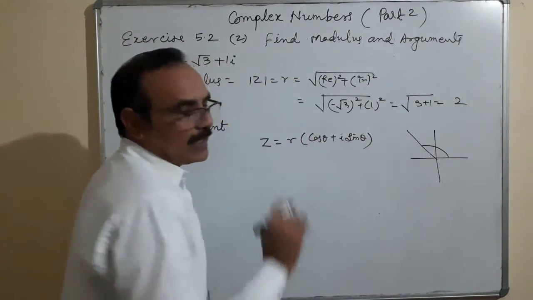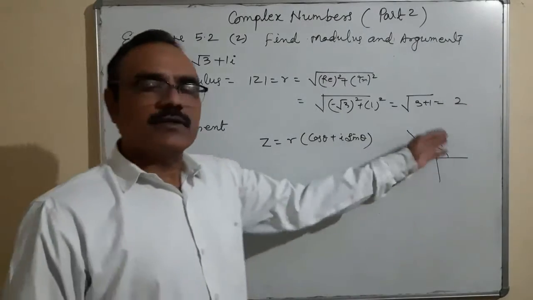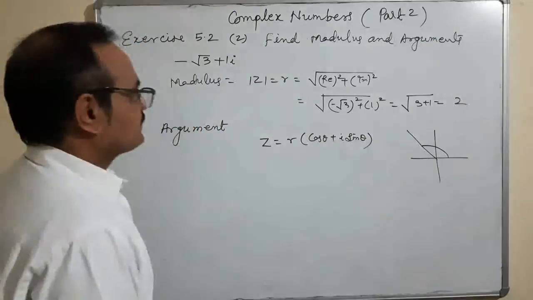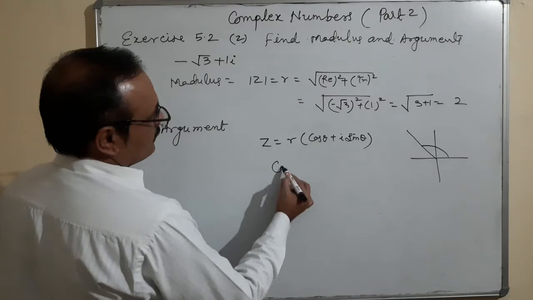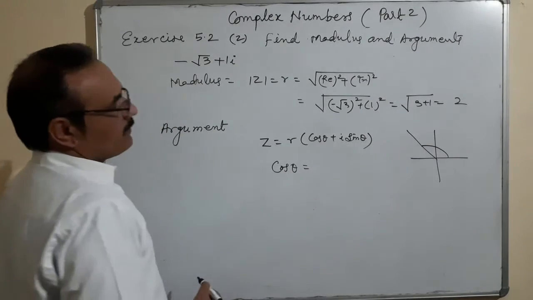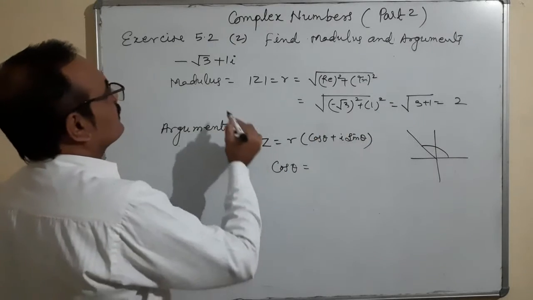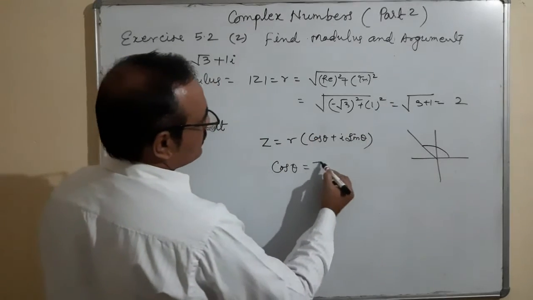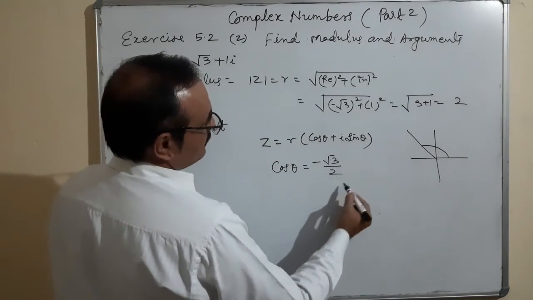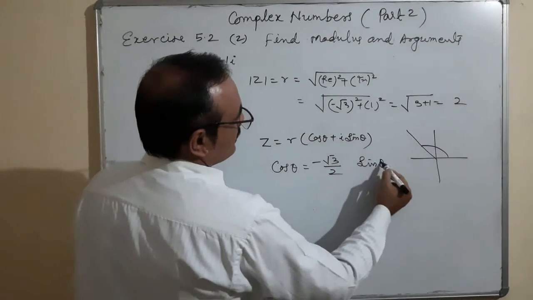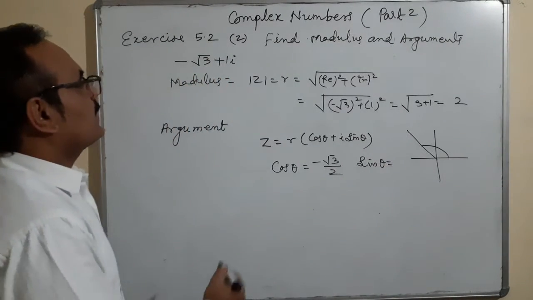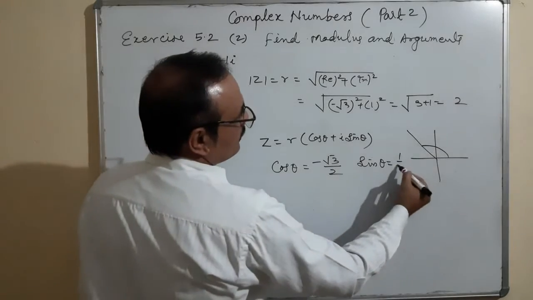So no problem, the direct value can be obtained. Theta will be positive. Cos theta is equal to real part upon r. So what is the real part? Minus root 3 by 2.